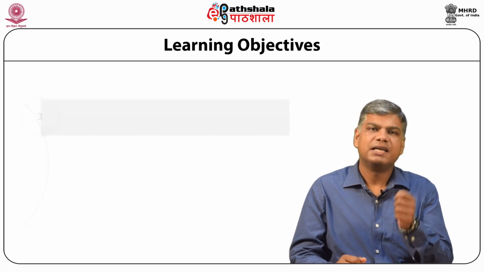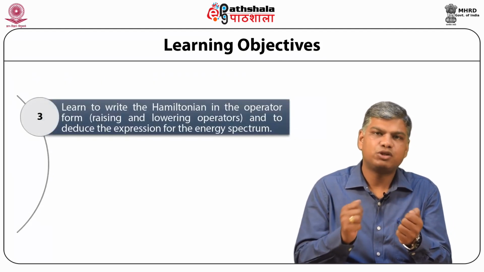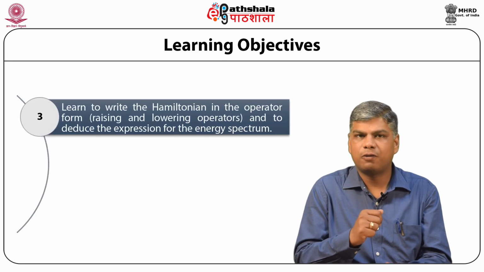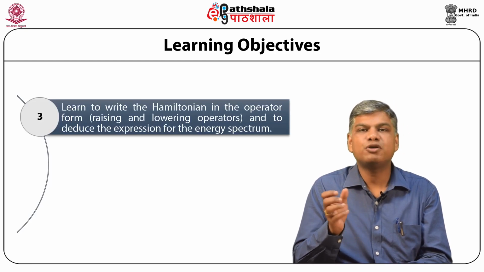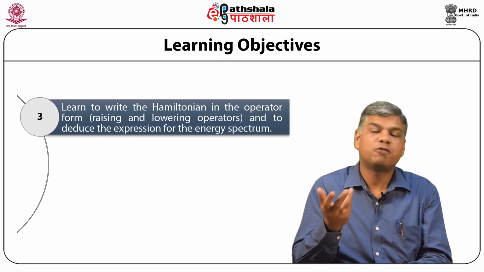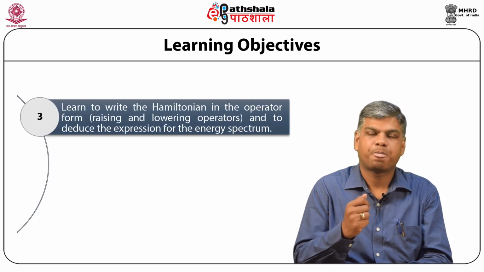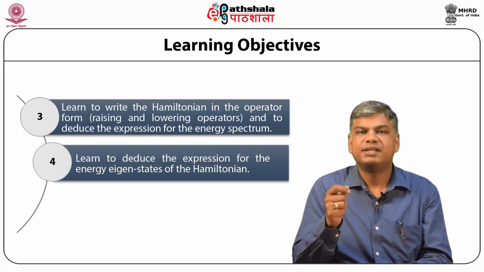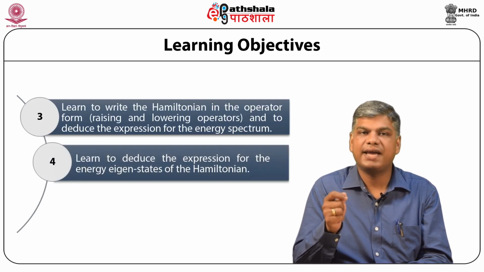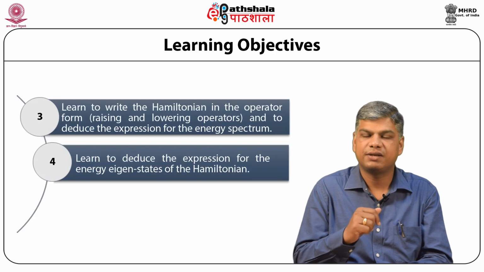Number 3. Learn to write the Hamiltonian in the operator form, that is, the raising and the lowering operators, and hence to be able to deduce the expressions for the energy spectrum. Then you will also learn to deduce the expression for the energy eigenstates of the Hamiltonian.